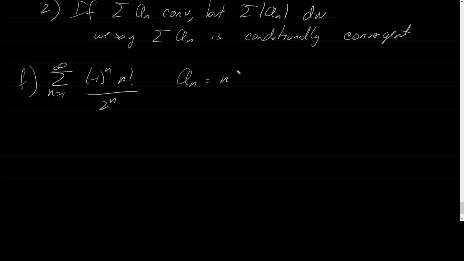Our sequence is n factorial over 2 to the n. We have a factorial over an exponential. You should recall that the limit as n goes to infinity of a factorial over an exponential does not go to 0. Remember that n factorial grows way faster than an exponential. So that doesn't go to 0. So that tells us right away that this is divergent.